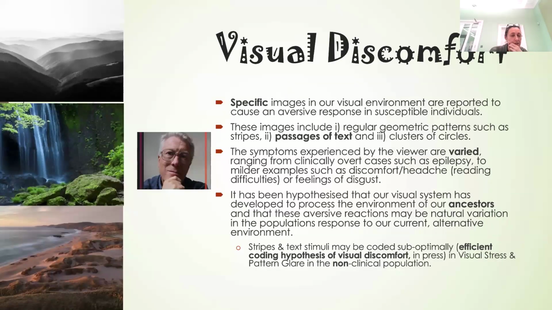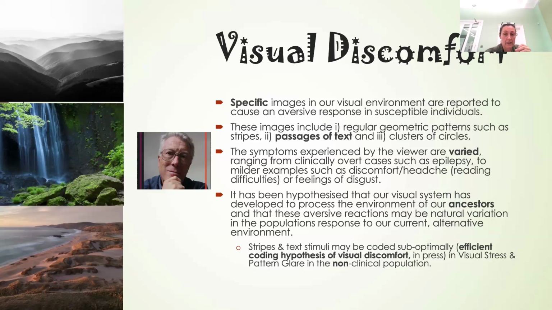So why would we experience visual discomfort overall? We're saying specific images in our visual environment are reported to cause an aversive response in these susceptible individuals. These images include regular geometric patterns, such as stripes, passages of text, and these clusters of circles.